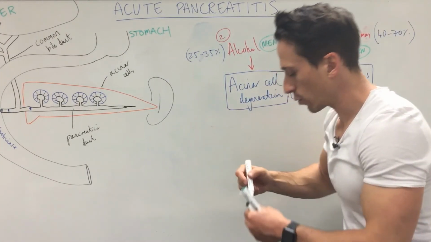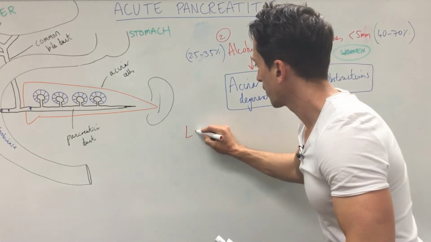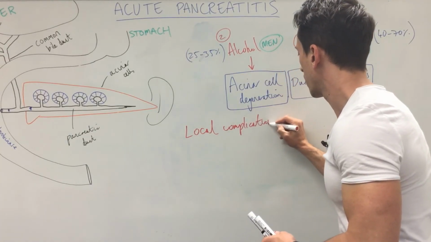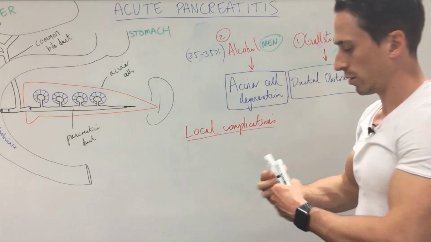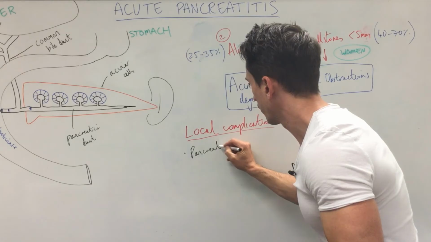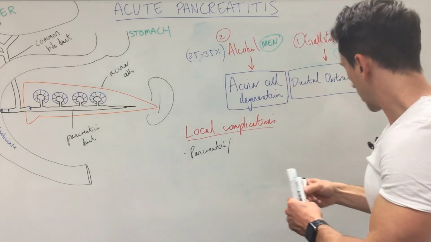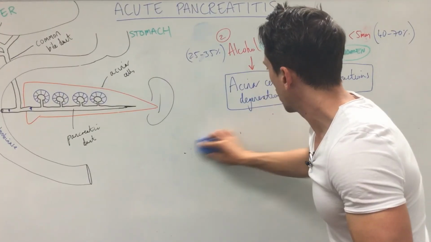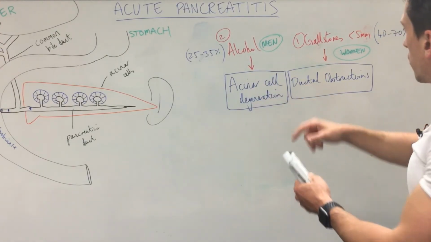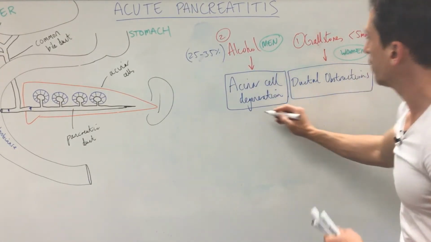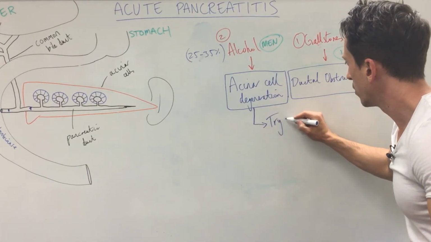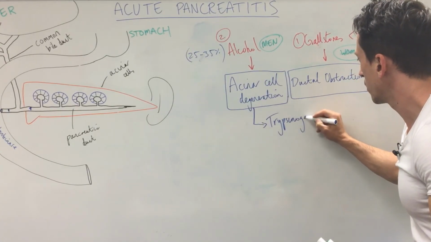So let's write this down. Local complications include pancreatic or peri. You know what we could do? Let's write it under here, because since these are complications of what's happening here, let's write them down. We can have acinar cell degeneration, ductal obstruction, and when the acinar cells degenerate, it's going to result in trypsinogen, right?